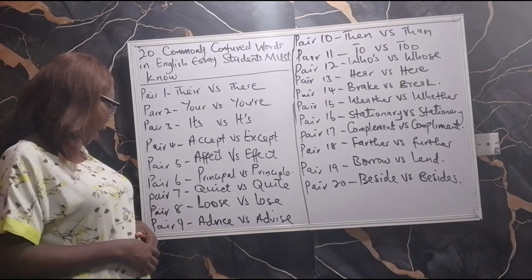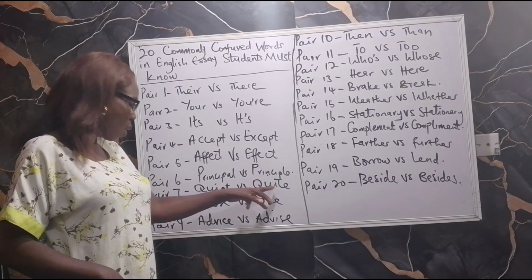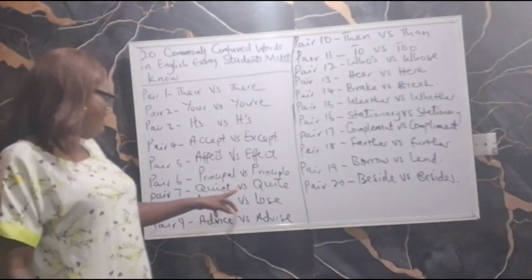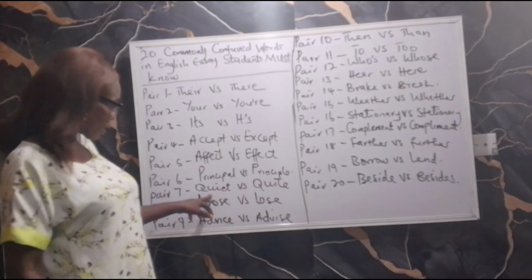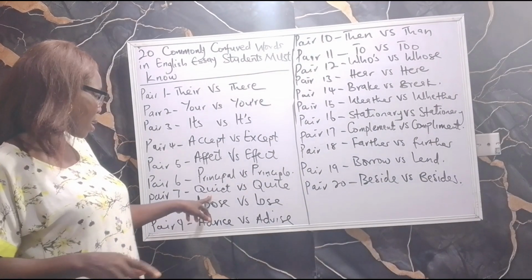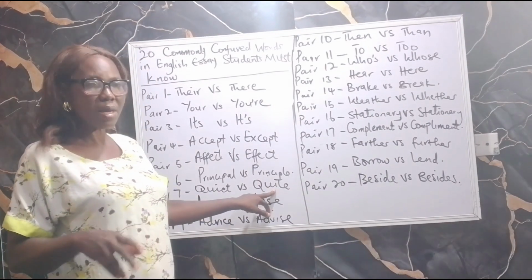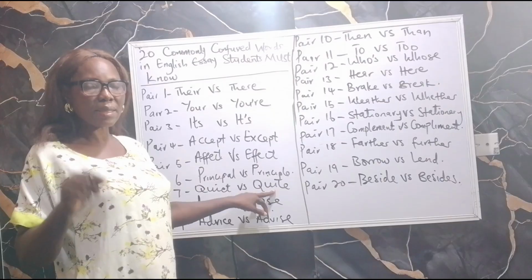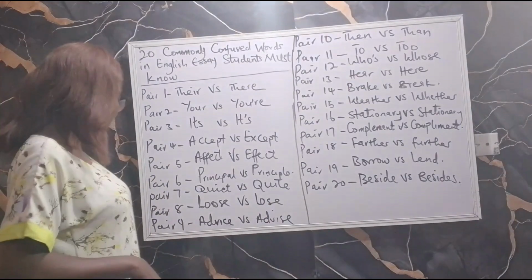Then pair 7, we have quiet versus quite. Quiet means silent. An example sentence with this quiet is, the library is quiet. Then quite can mean very or fairly. For example, the test is quite easy.